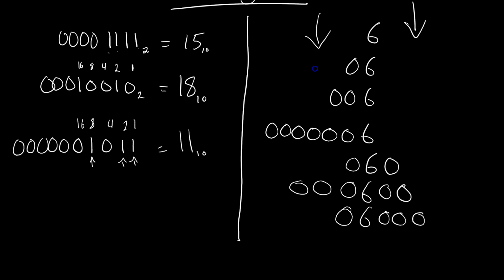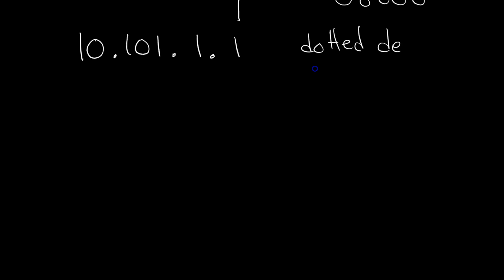Now this example leads to a really confusing situation for some people and something I want to make you aware of. 1s and 0s exist in both binary and base 10. If we're looking specifically at an IP address, let's say 10.101.1.1, this address is a dotted decimal.